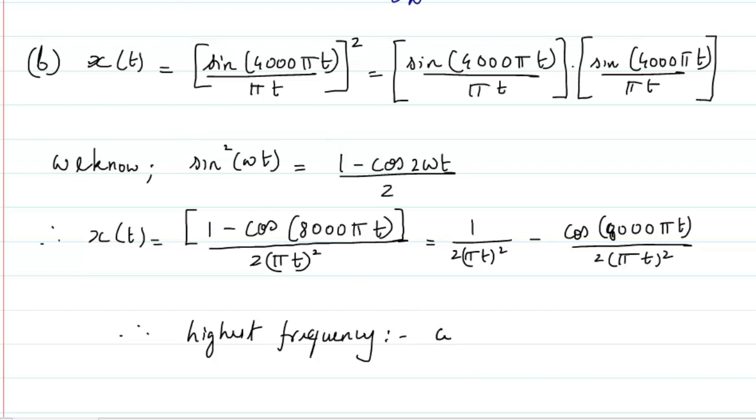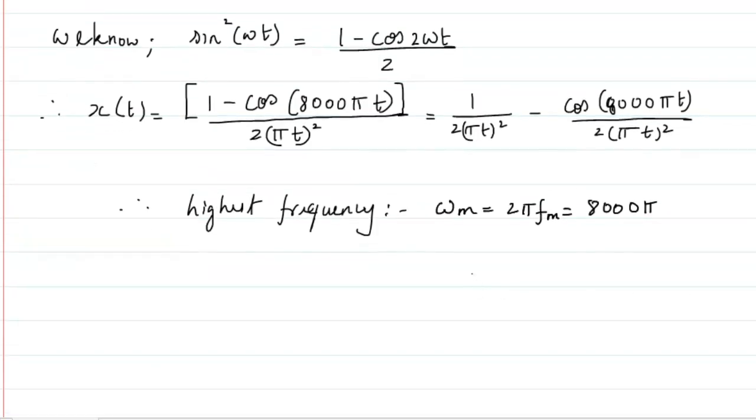Let me start with omega m is equal to 2 pi fm is equal to 8000 pi, which I can write, therefore fm is equal to 8000 divided by 2, which is going to be 4000 hertz.